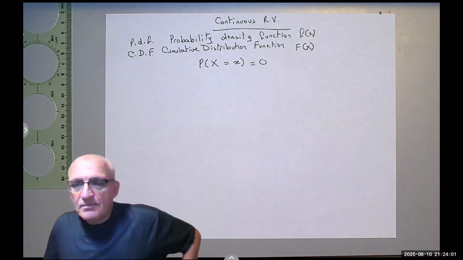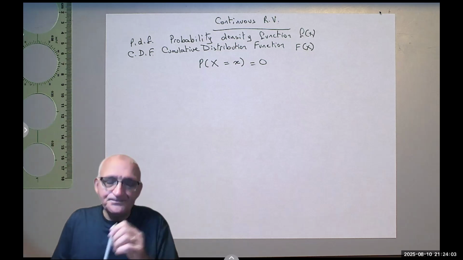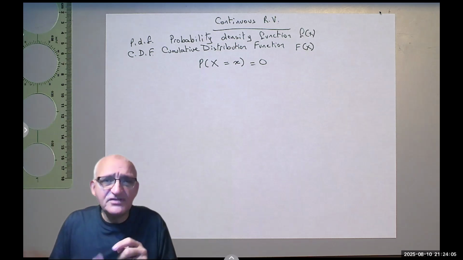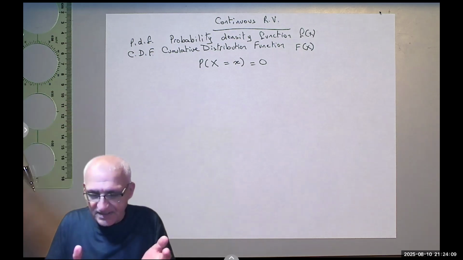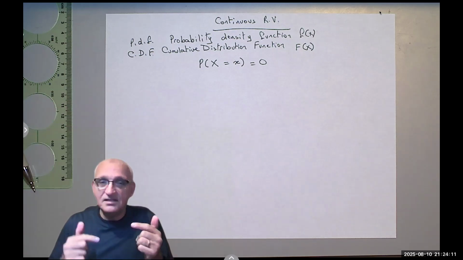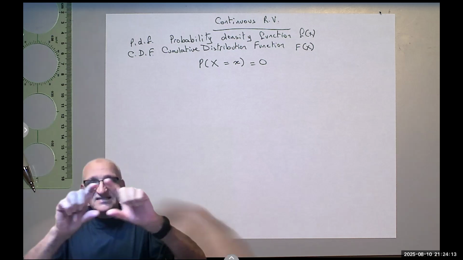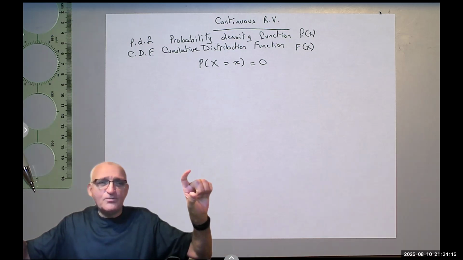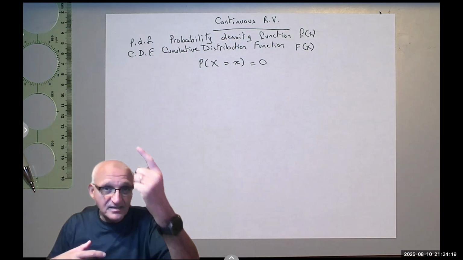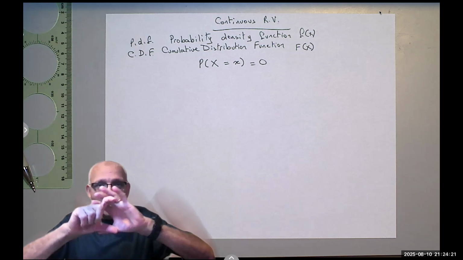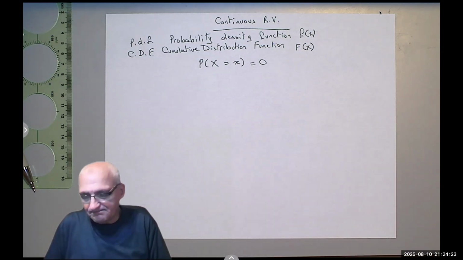Well, remember, in the case of a discrete random variable, let's take a very simple example of rolling a die again. Yes, again. We have 6 equally likely events. So the probability that any one of them occurs is 1 out of 6. You divide the event over the total number of events.